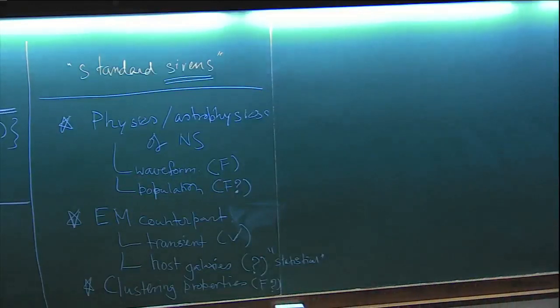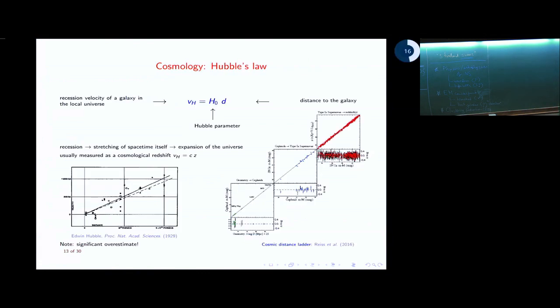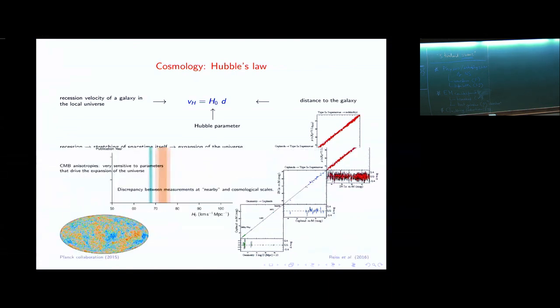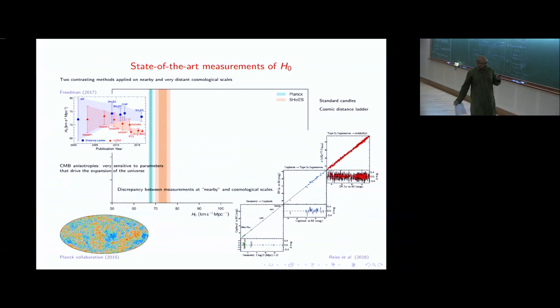I'll move on with some slides which essentially have all the information that I wrote down, the redshift distance relation. And this we again heard in Varun's lectures. The Hubble parameter is the slope of the redshift distance relation. What Varun didn't mention is there are two state-of-the-art ways of measuring this Hubble parameter.